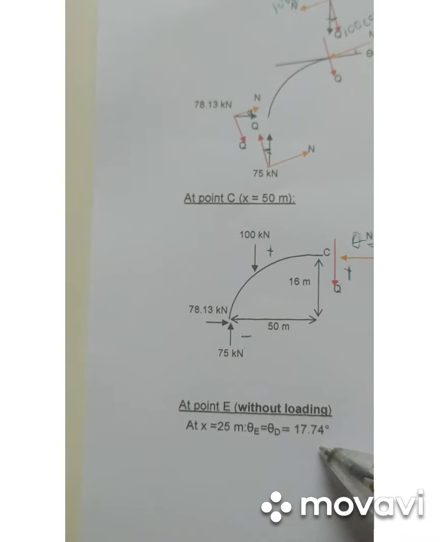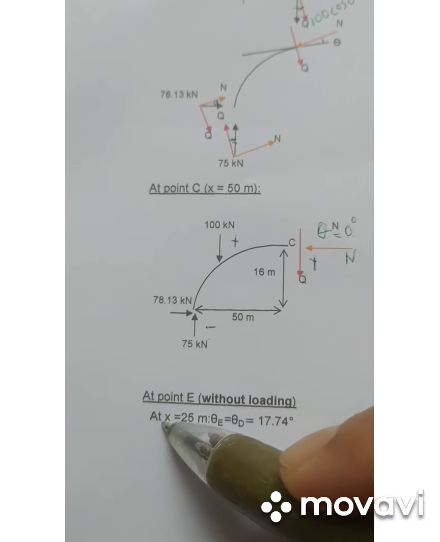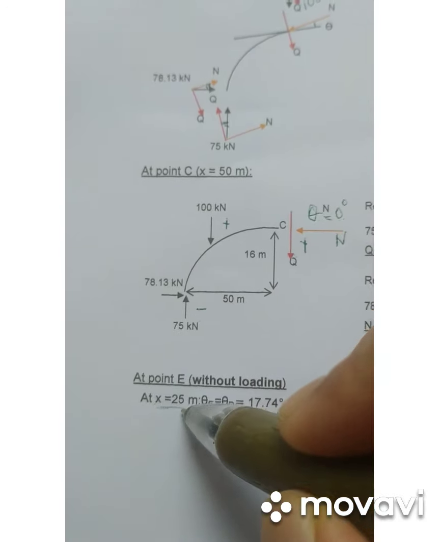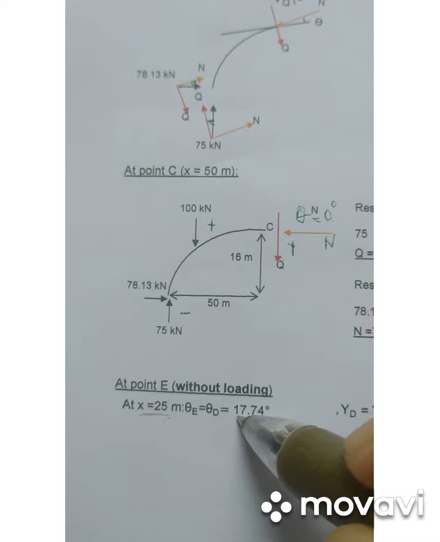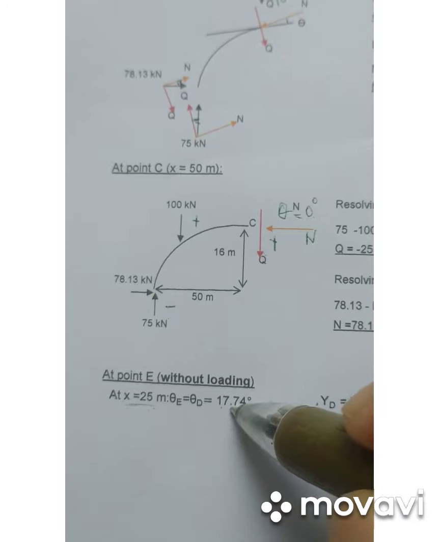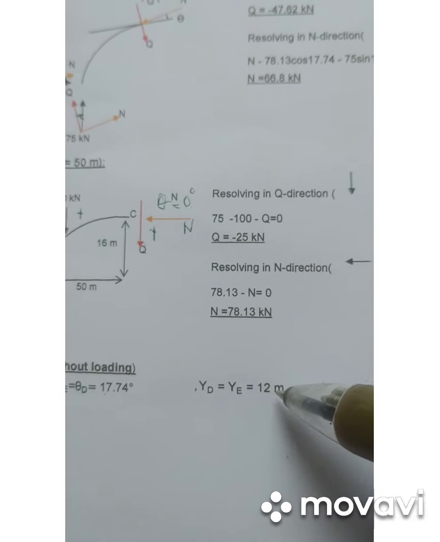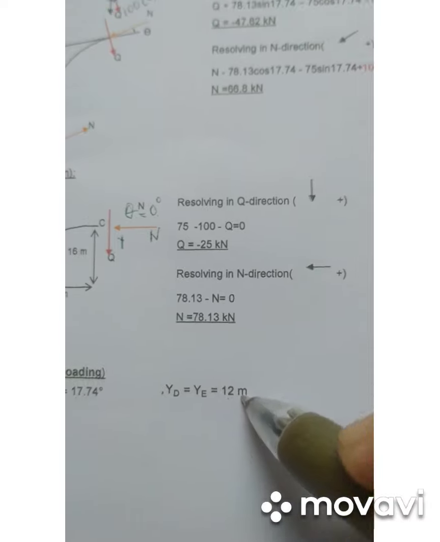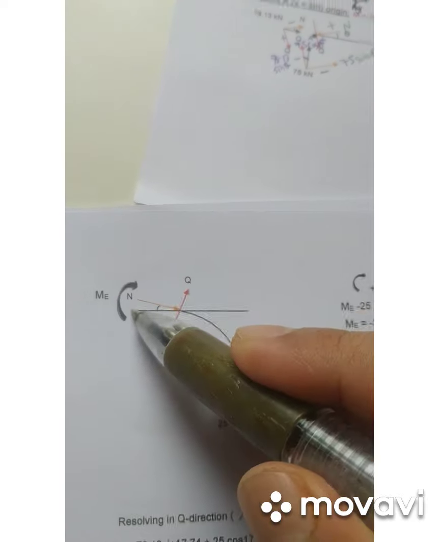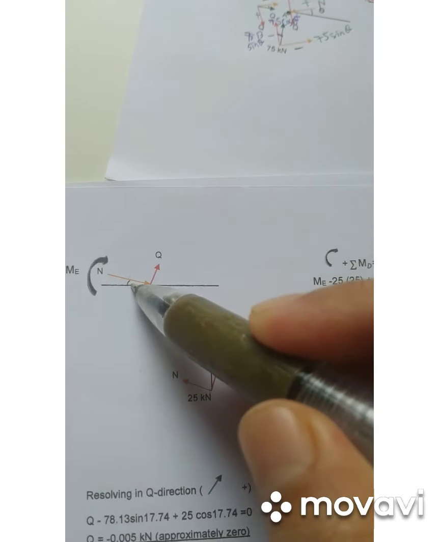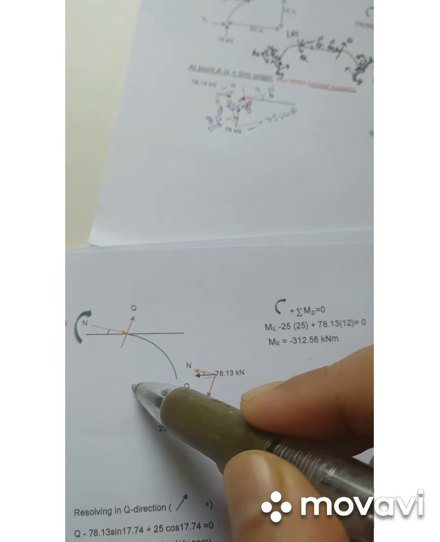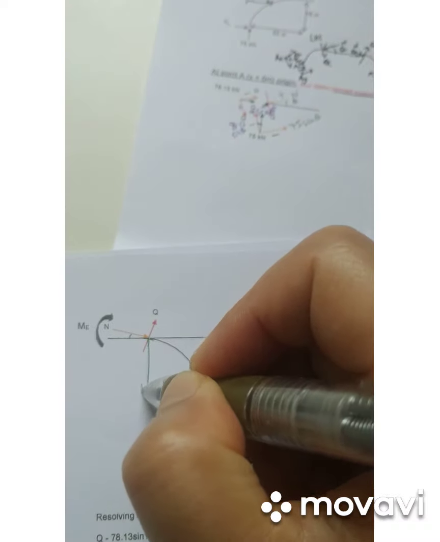Okay, we proceed with point E. Because point E is the same X, same distance from origin. The origin at point E is B. So X equal 25 meter. So theta is equal to theta D, 17.74 degree. So Y is also similar, 12 meter. And then taking moment at E, so 25 times 25 plus 78.13 times YE.